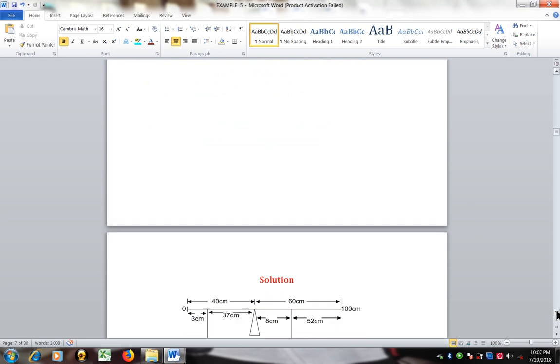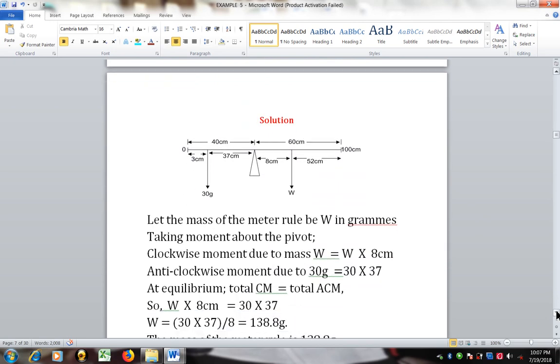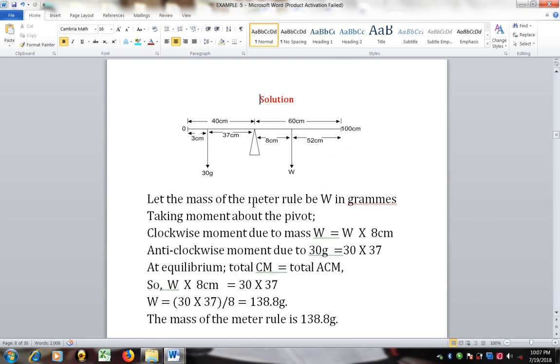Now we give the mass of the meter rule the letter W, which is in grams.